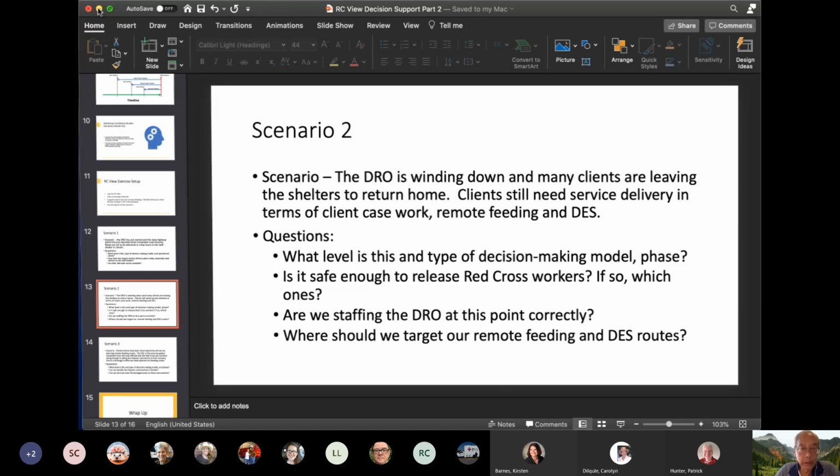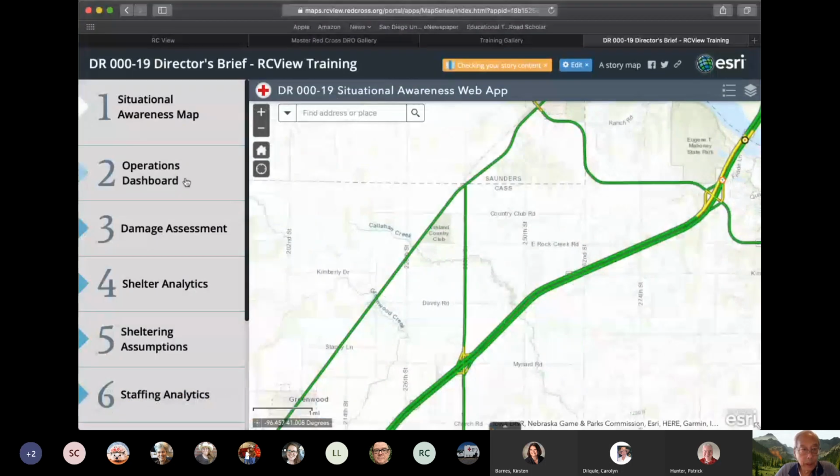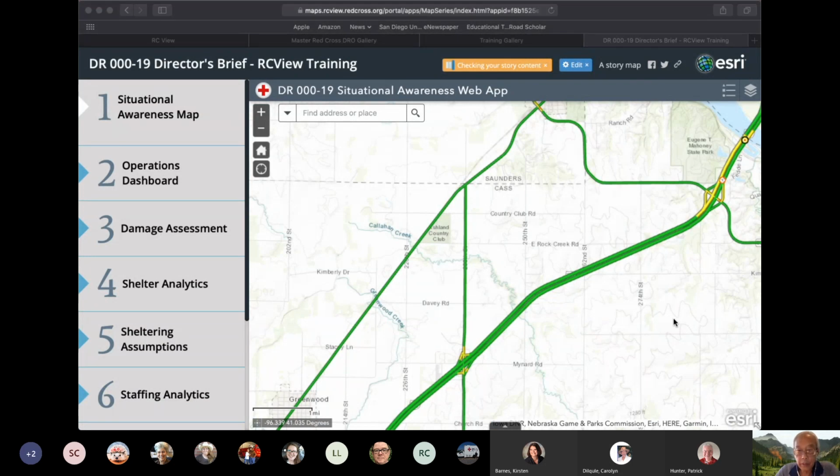Now, let me call that up again. I can find that information on the analytics by looking at this operations dashboard tab within this director's brief.